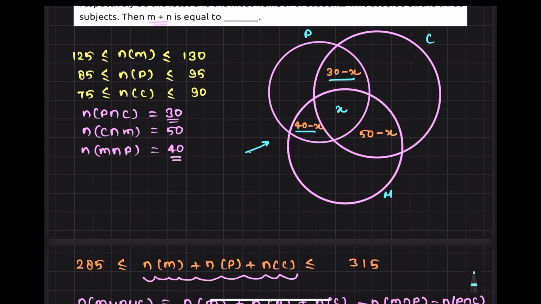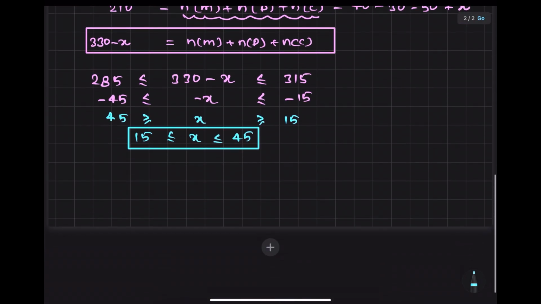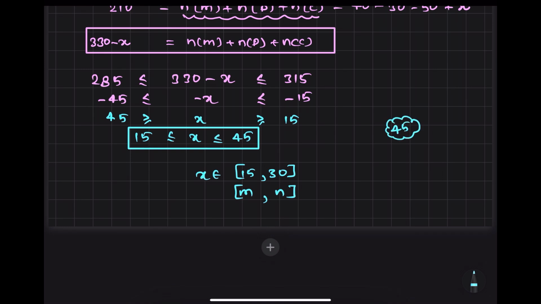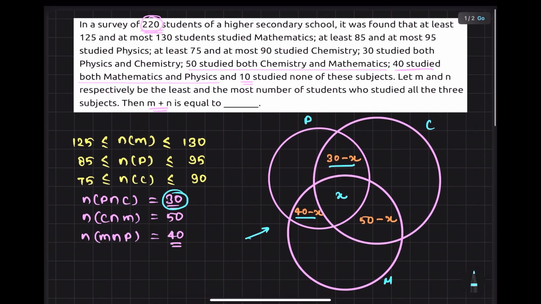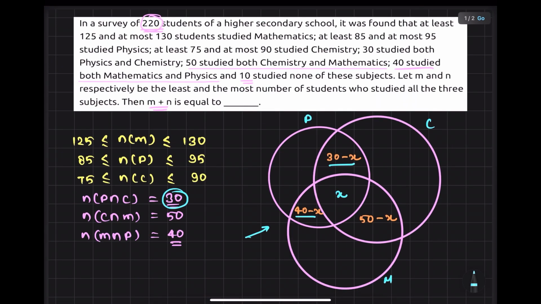So what you should do is go with the least one, which gives the perfect answer. So x will range from 15 to 30. So you got your m and your n. They have asked you to find m plus n, which is 45. I hope the idea is clear, and now you can solve inequality problems.